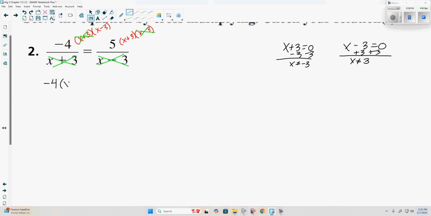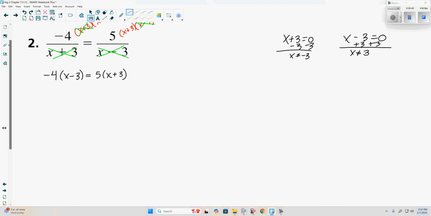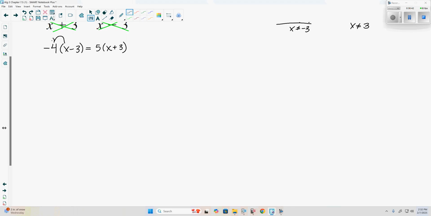Leaving us with negative 4 times x minus 3 is equal to 5 times x plus 3. Here we're going to distribute the 4. Negative 4x plus 12 is equal to 5x plus 15.